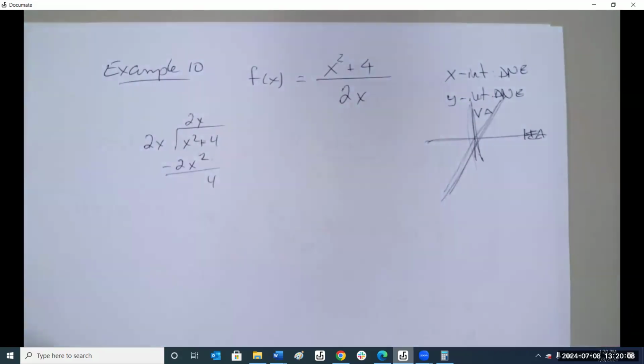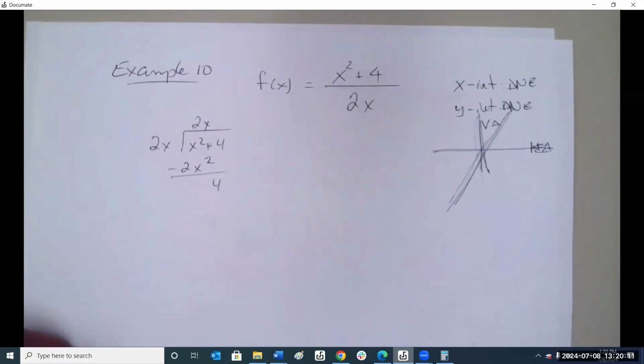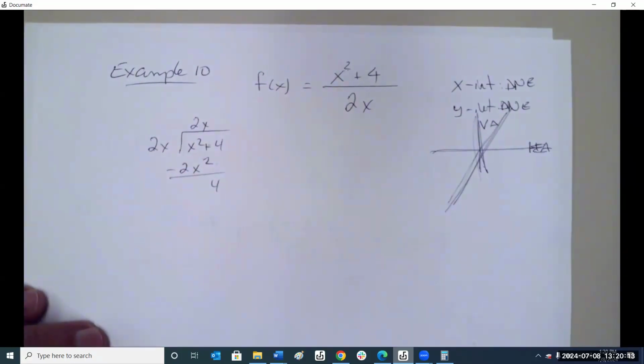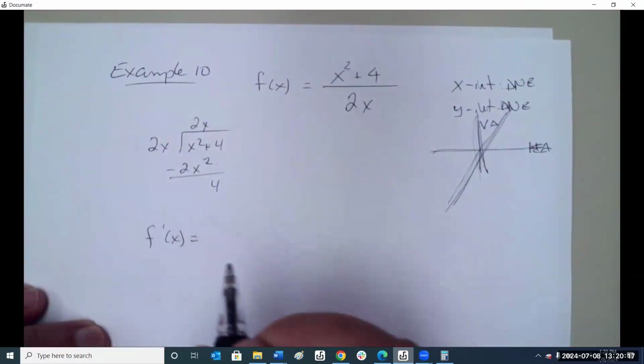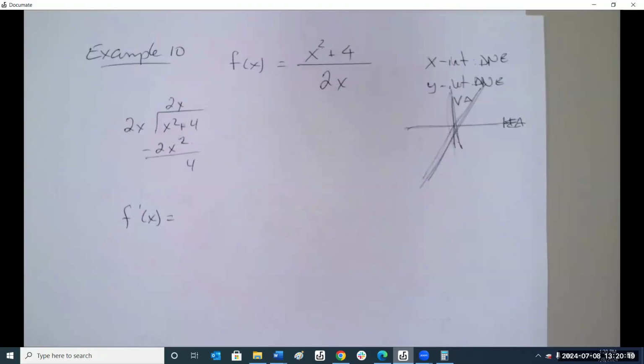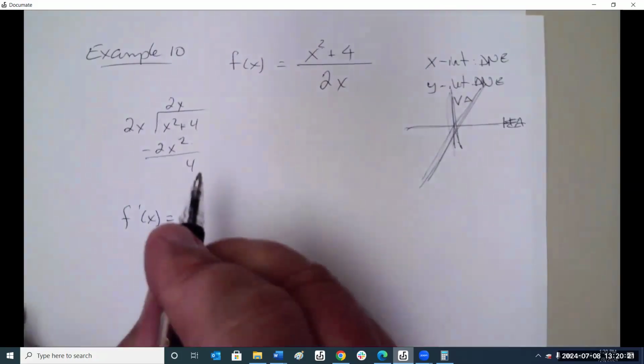So you have a slant asymptote. It's going to look like this. These are going to be pretty interesting also. Okay, so I'll show you.